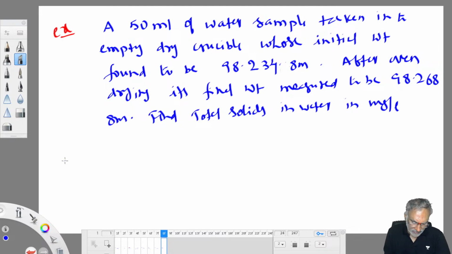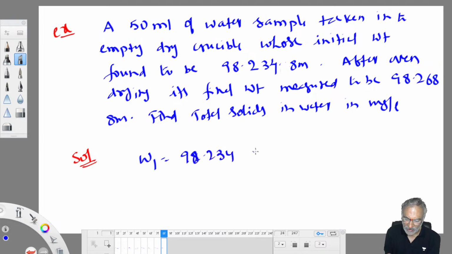So the only thing you need to notice is what is W1, what is W2, what is V. W1 is the initial weight, 98.234 grams. The final weight is W2, 98.268 grams. The volume of water sample tested is 50 ml.